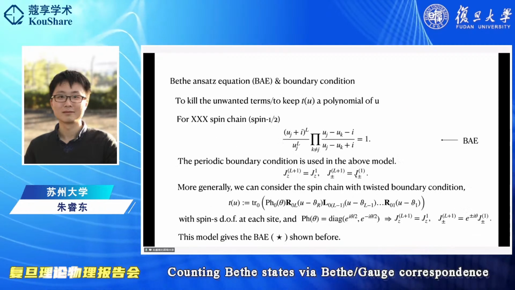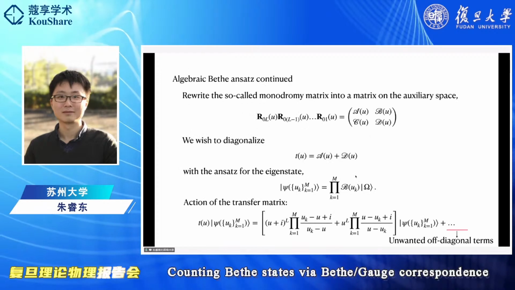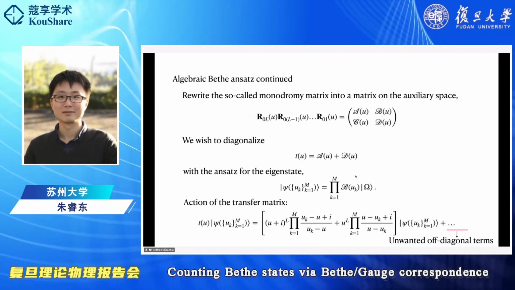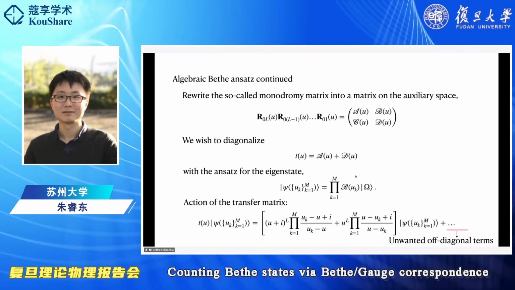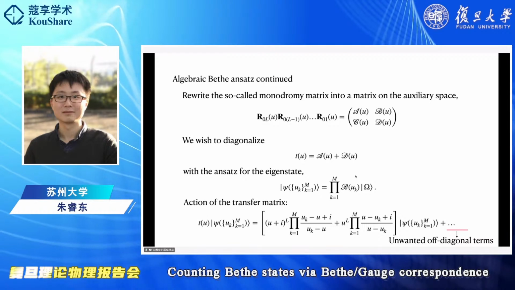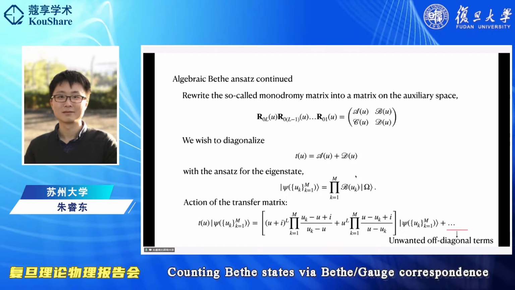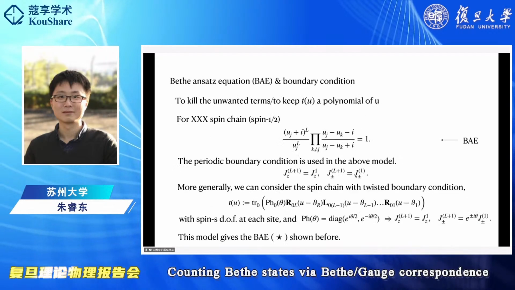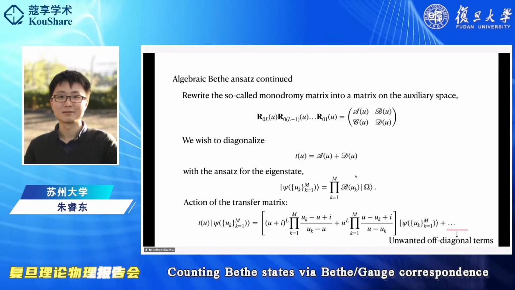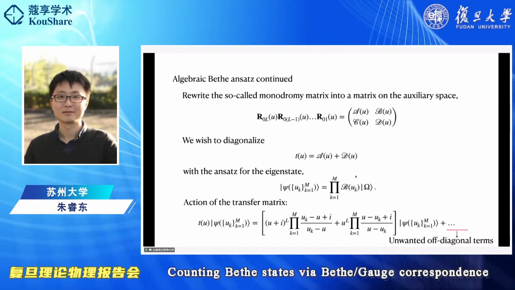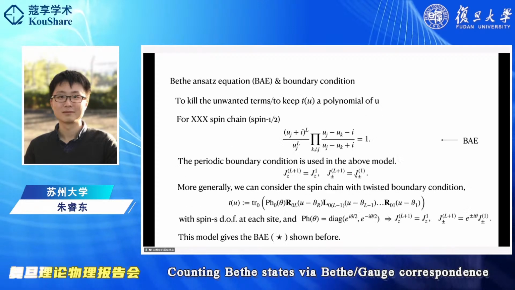To kill the unwanted terms, it's actually very simple, but there's a shortcut way to discuss this. We can see that T is a polynomial in u. So we wish to require that the eigenvalue of this T is also a polynomial in u. Because this expression does not look like a polynomial, we have a lot of poles, so we need to require that these residues are all zero.